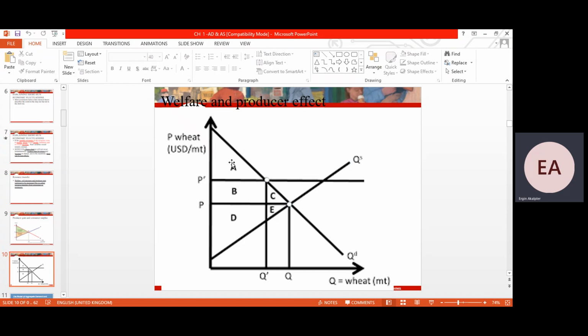So-called ABC was the former welfare of the consumers, and as a result of this price increase, the consumer welfare is reduced to the A triangle, which is not good for the economy. And this is unfortunately a resource transfer from consumers to producers.